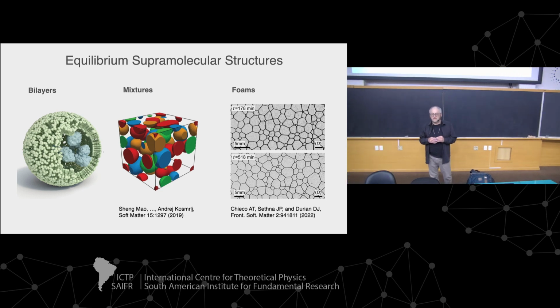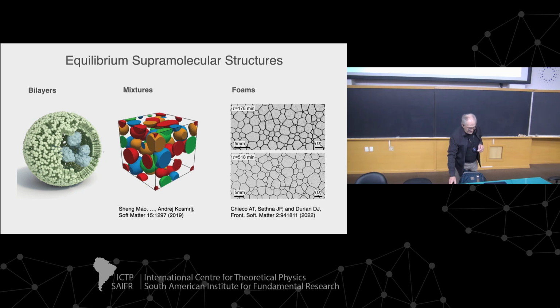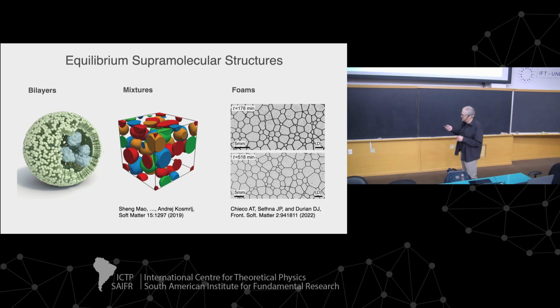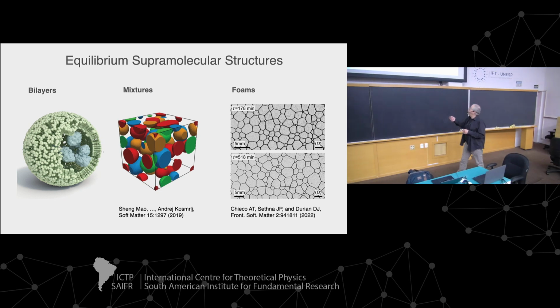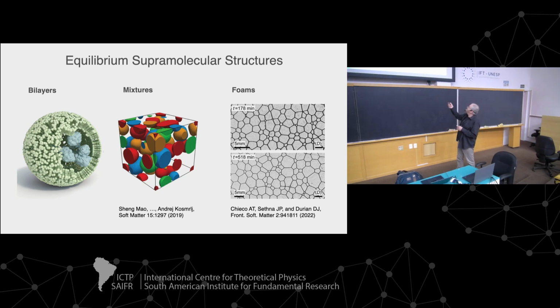There's a lot of things I could tell you about this. These are pictures from Doug Durian's lab, who has done beautiful experiments on these foams, where you see this is like a cellular structure with all kinds of different sizes of these foam-like cells.